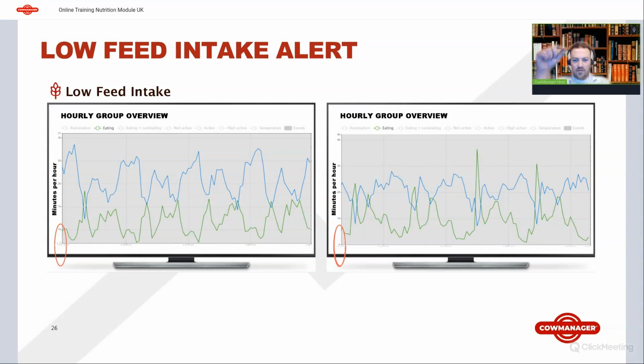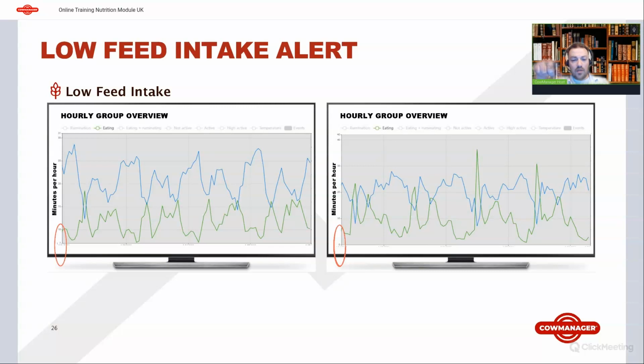But remember what I said earlier. Eating time is associated with dry matter intake within the group. So you cannot compare between farm A and farm B, or location A and location B. But within the group, it's highly related to the dry matter intake.